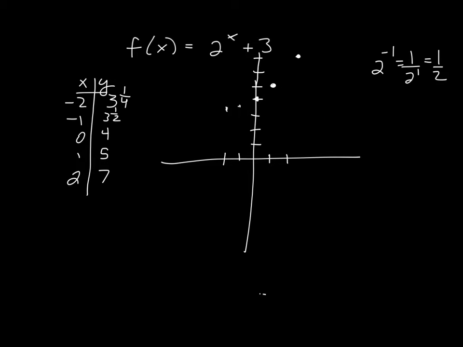So we need to show that in detail, so we're going to go like this. And then we're going to connect our dots, and there's the graph. So same thing, just the same graph, just up 3. Everything you might have guessed. If you look back at the last graph, the last one was basically this, only it was down here. So now this one has gone up 3, same graph.